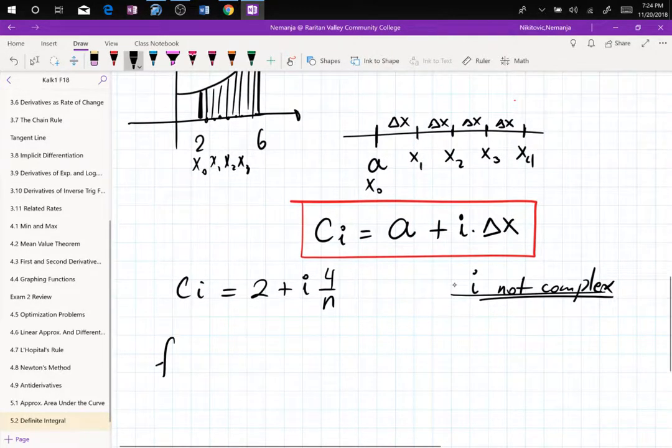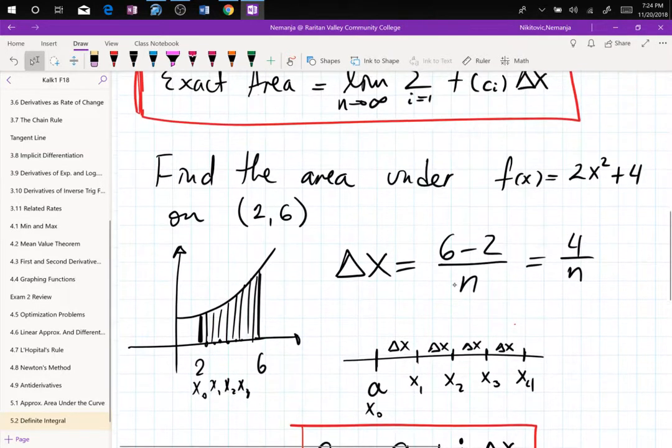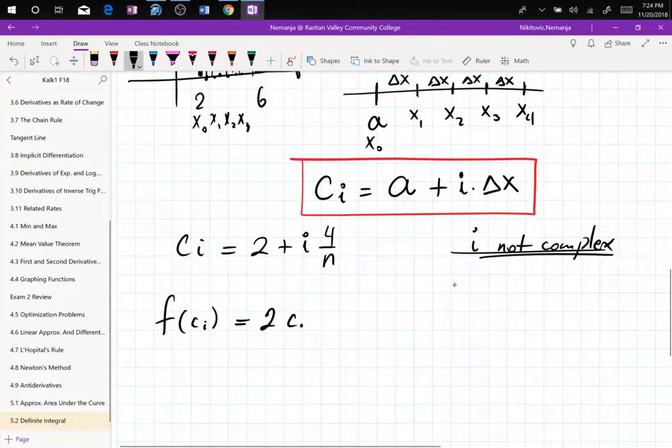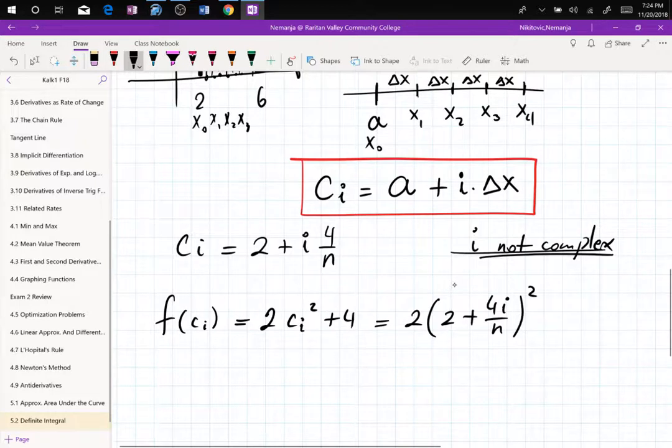So now I have to find f of ci. Well, that's easy. I know my f is 2x squared plus 4. So here, 2ci squared plus 4. And I know what ci is. So that's 2 plus 4i over n squared plus 4. And I'll work this algebra. This is a square of a binomial.